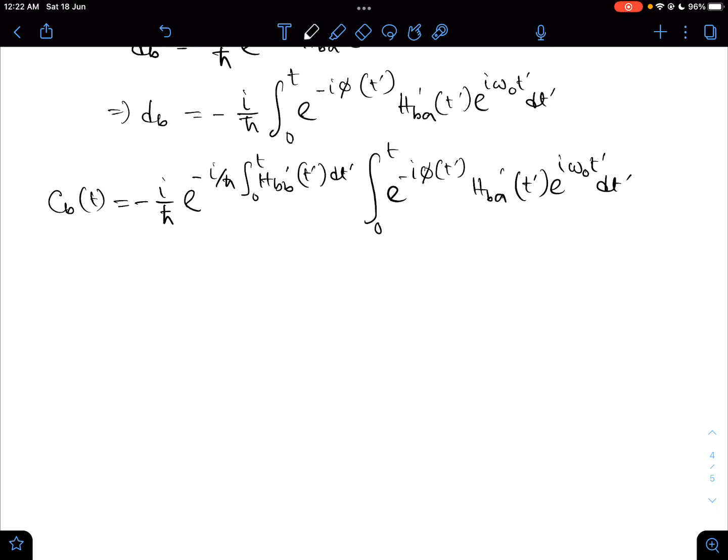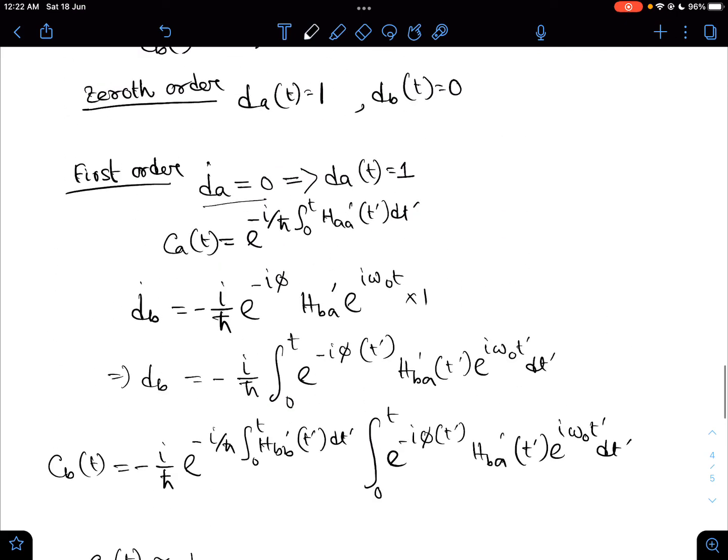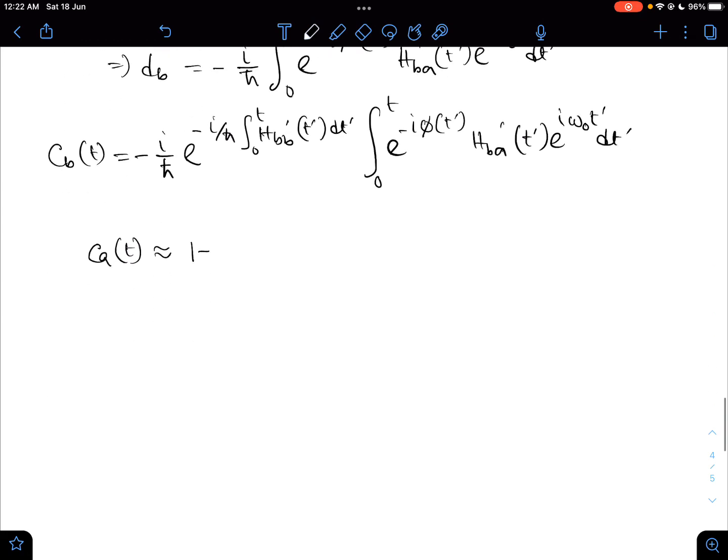So up to first order, our c_a(t) can be written as 1 minus i/ħ integral from 0 to t of H_aa'(t') dt'.